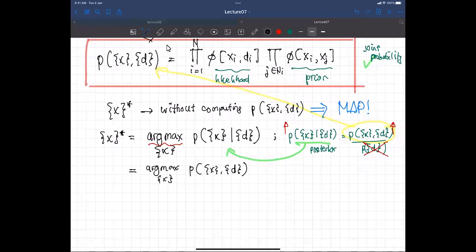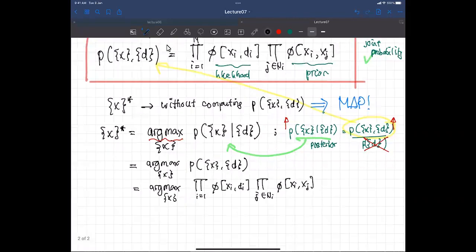Any questions here? Then the rest is easy because we just use the equation there: sum over i equals 1 of phi of xi di, and sum over j neighbor of i of phi xi xj, exactly the same as what you defined previously. Any questions here, anyone?